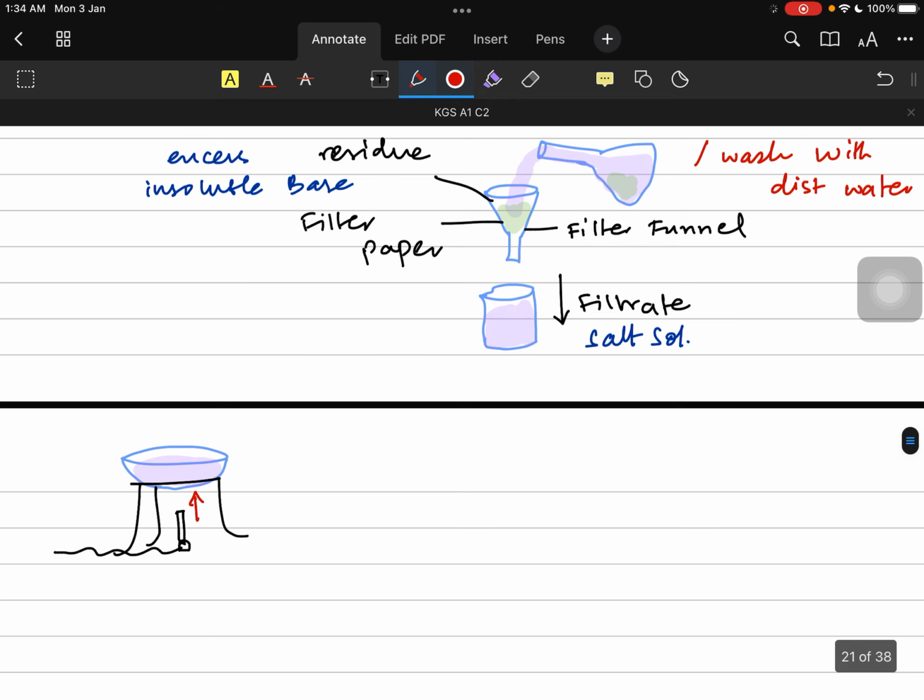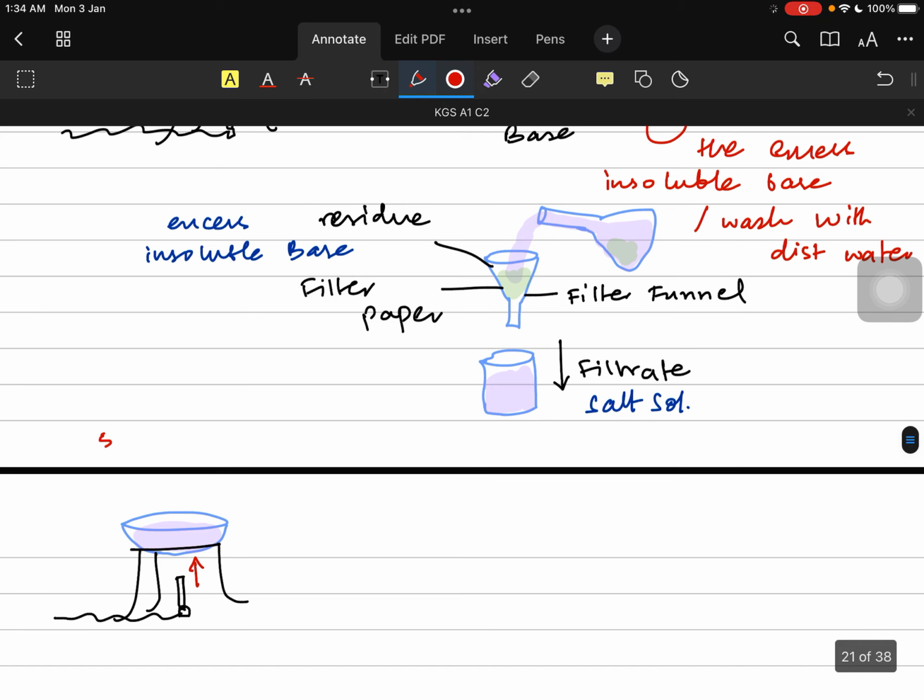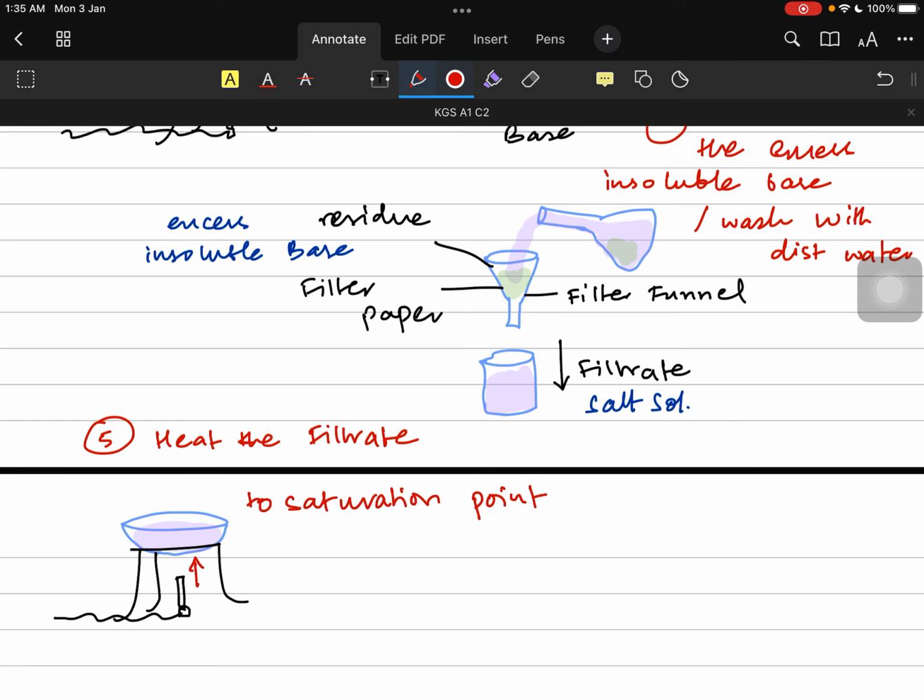So in step number 5, you're going to heat the filtrate to saturation point, and then you cool it for crystallization to obtain the crystals.